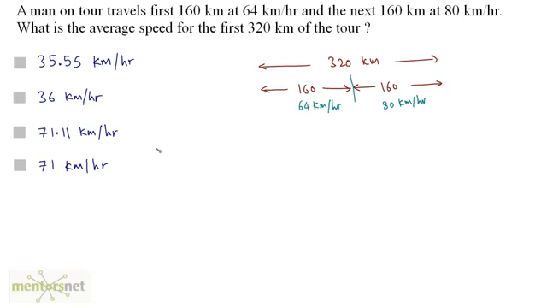Well, you know the formula for speed. Speed is equal to distance upon time. The distance is 320 kilometers, so 320 by the time. What time? This time is actually the time taken to cover the first 160 kilometers plus the time taken to cover the next 160 kilometers. So this is basically T1 plus T2.